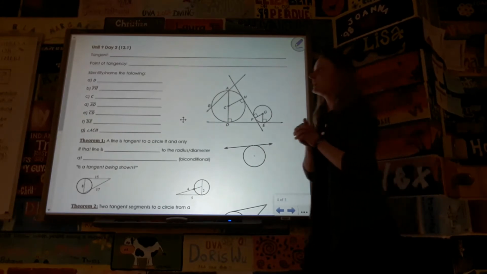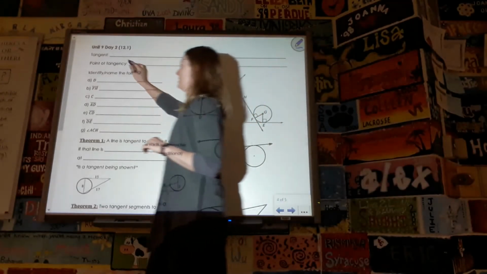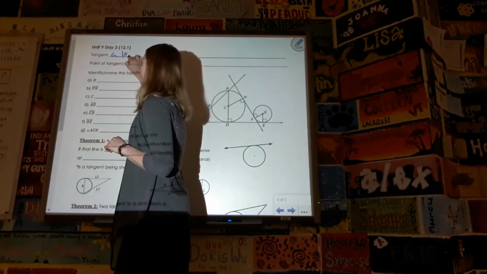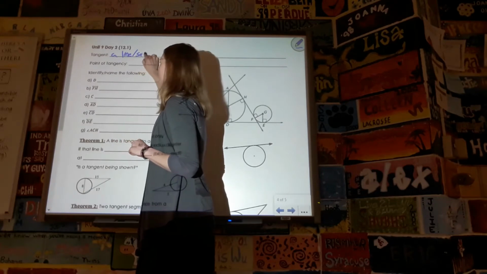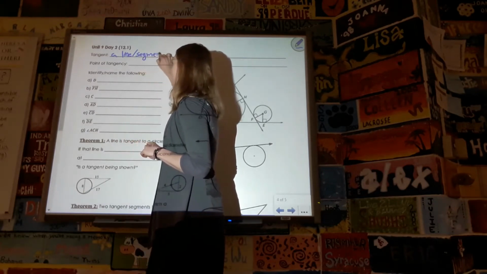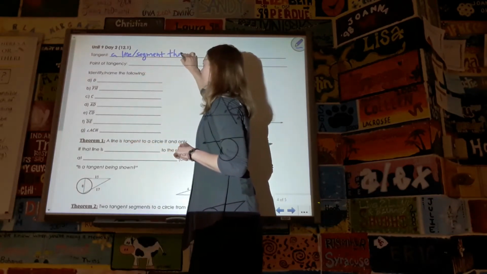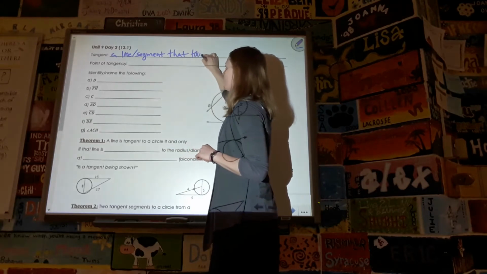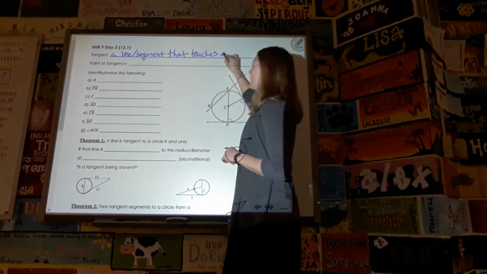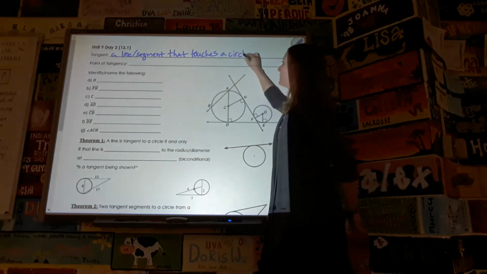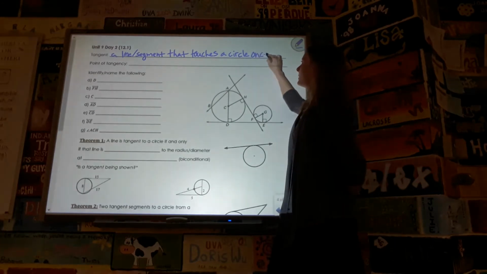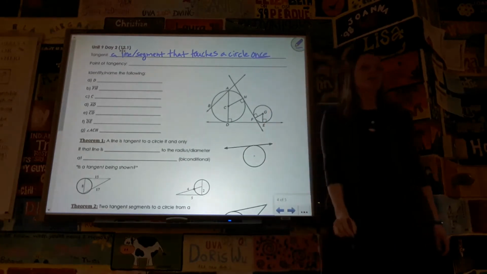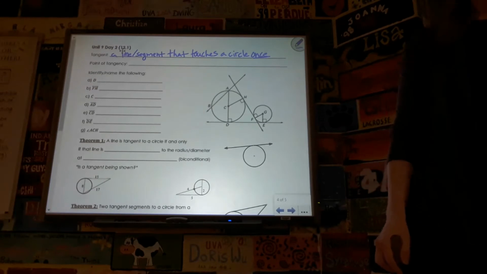It means something different. So a tangent for a circle is a line or segment that touches a circle once. And that once is the key word there for the definition of tangent.